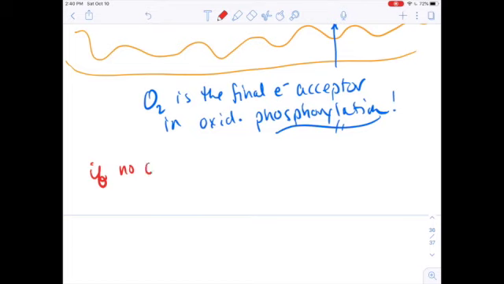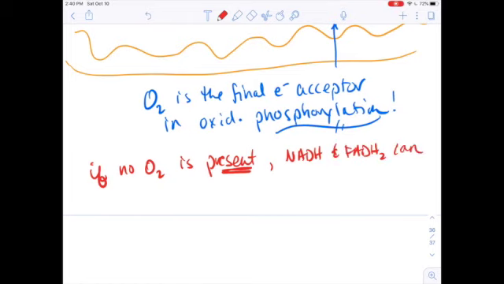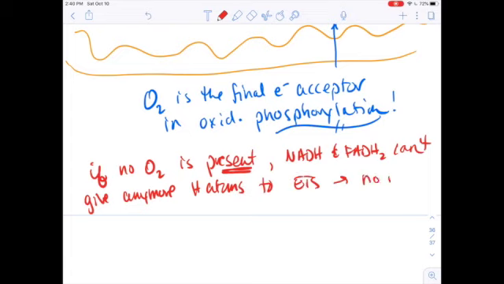So if no O2 is present, and you're an obligate aerobe like we humans are, NADH and FADH2 can't give any more hydrogen atoms to the ETS. No more ATP can be made. And that makes a cell sad.